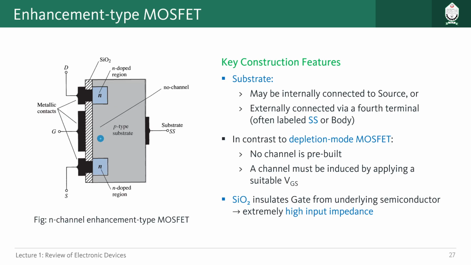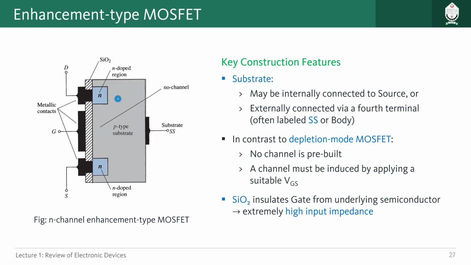Another thing is this silicon dioxide insulating layer. Because of this insulating layer, whenever you apply any voltage here, no current should actually flow from the gate to the device itself. No charge carriers should flow from here to here. What is happening is that by applying voltage, you are applying an electric field.